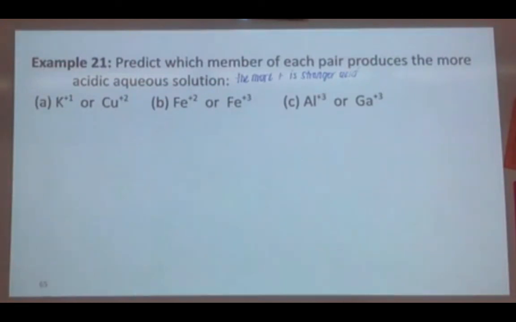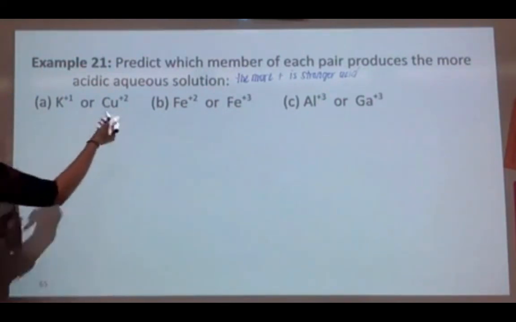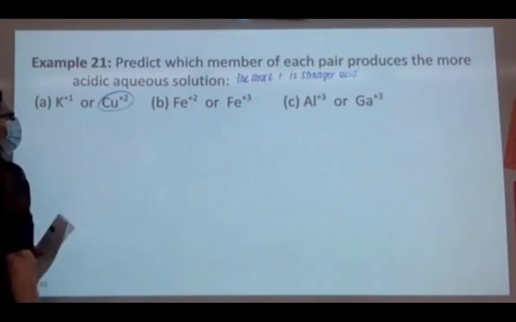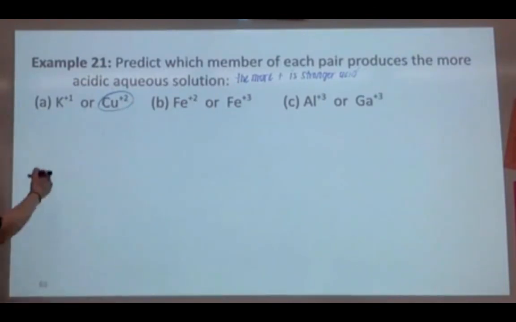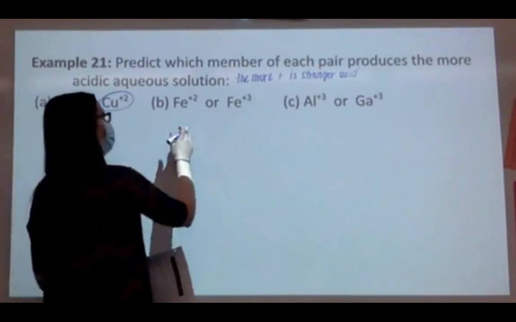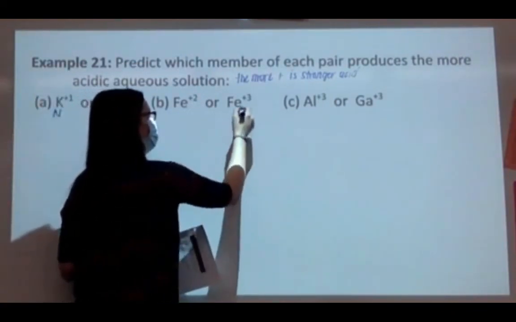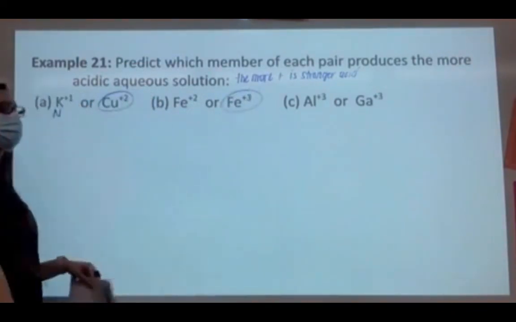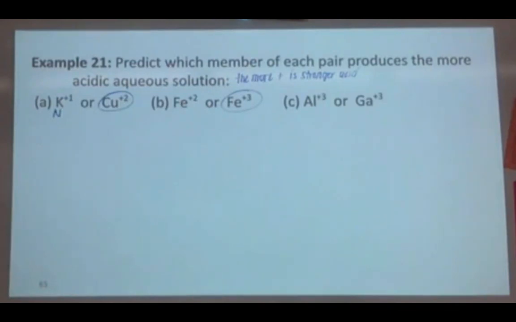So we just need to know the more positive, the stronger the acid. When we're looking at part A, which one has the more positive charge? Copper, Cu2 plus. Here's the one that's the most acidic. K plus is also neutral because it comes from a strong base. But if we're just focusing on positive charge, in part B we have Fe2 plus or Fe3 plus. Well, Fe3 plus has a higher charge. That's the one that's going to be more acidic.